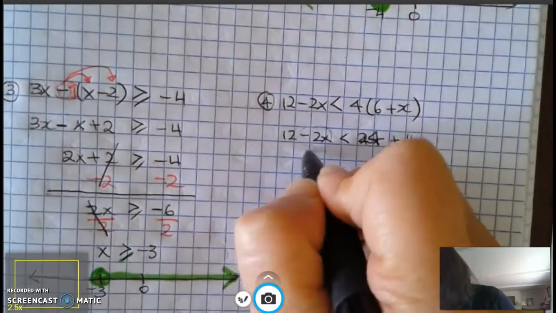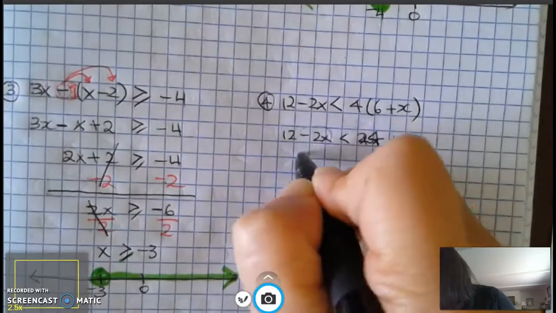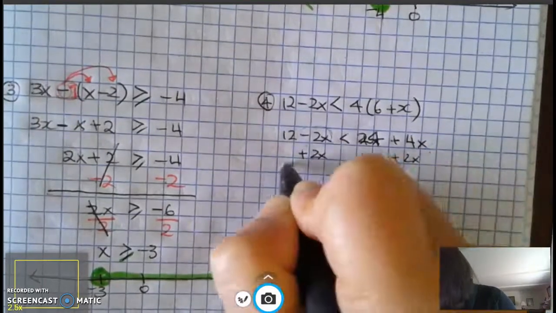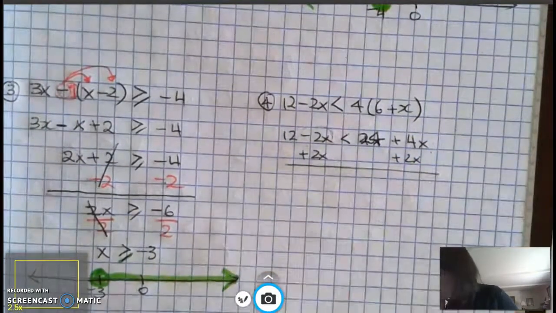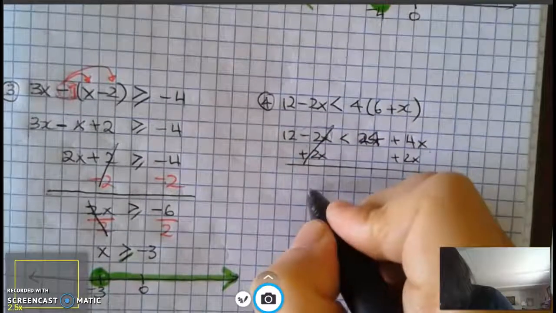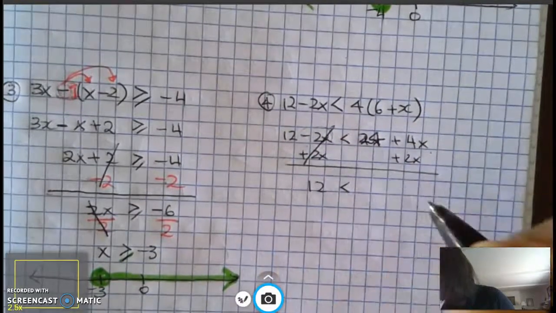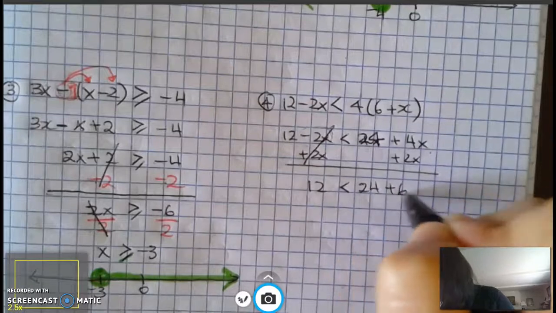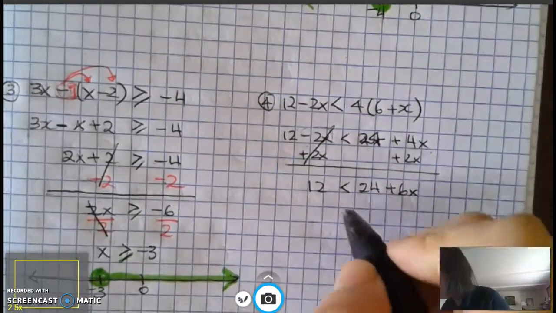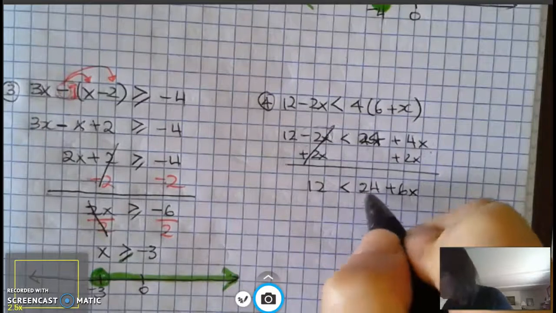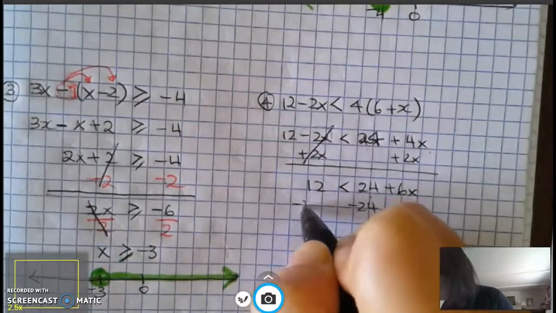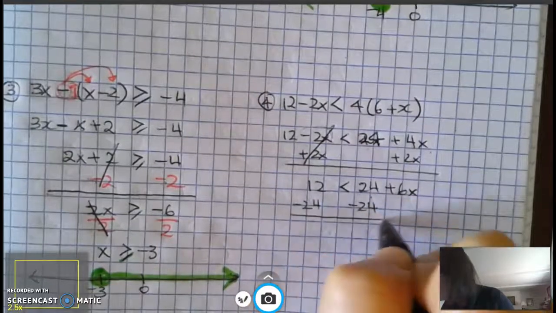So let's see if I can get rid of this negative 2x. To do that, I am going to add 2x to both sides. That leaves me with 12 is less than 24 plus 6x. Okay? And then from here, I want to get rid of this 24. So I'm going to subtract 24 from both sides.